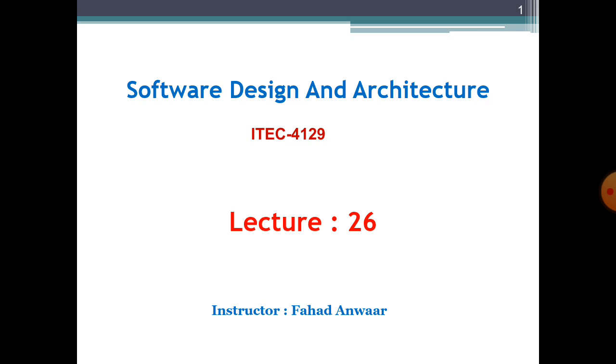We also discussed all of these with the help of real-world examples, along with their limitations, benefits, and possible domain areas where they can be utilized. So students, let's formally start today's lecture number 26 discussion.